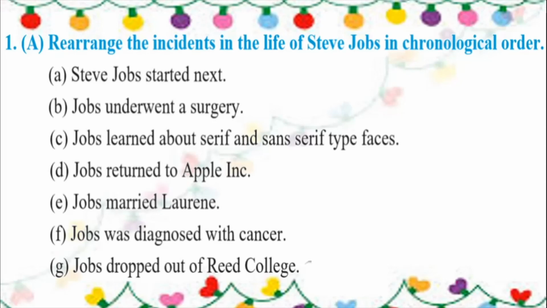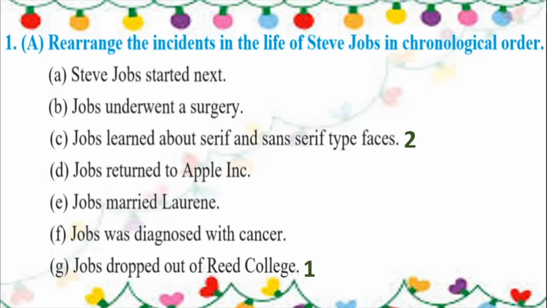So the first thing which happened in the life of Steve Jobs is Jobs dropped out of Reed College. He dropped out of Reed College, and then what happened? He learned about serif and sans serif type faces. That is, he learned calligraphy.